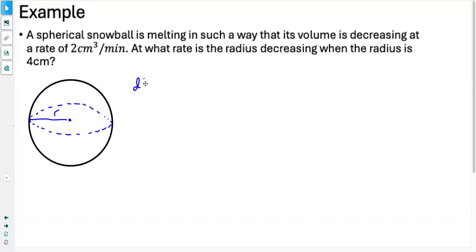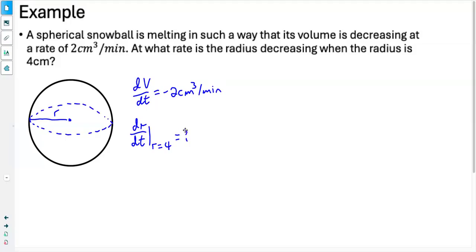So we'll call that dV/dt, and because it's decreasing, it's negative 2 centimeters cubed per minute. And we want to know at what rate the radius is decreasing when the radius is 4 centimeters. So we want to know dr/dt when r is 4.